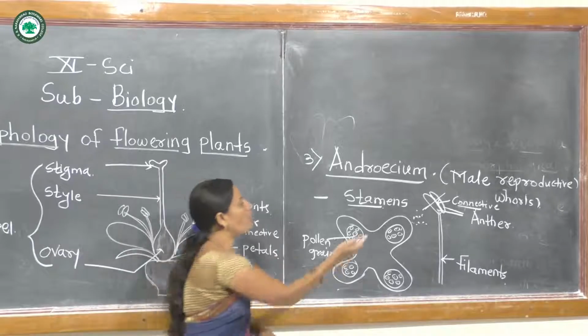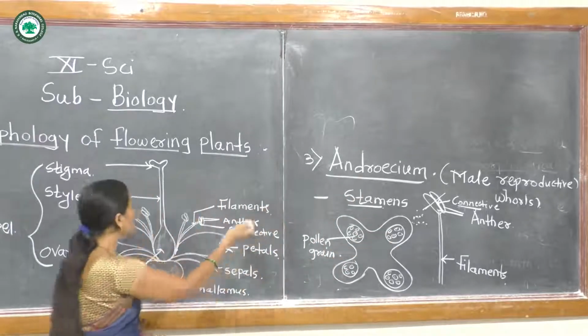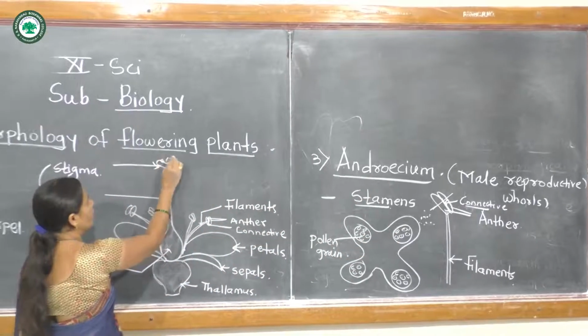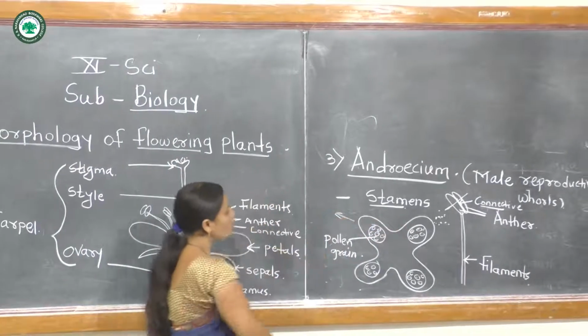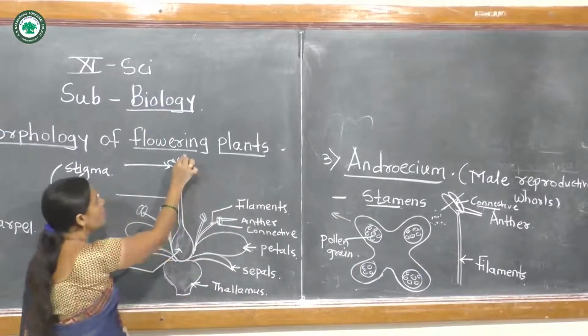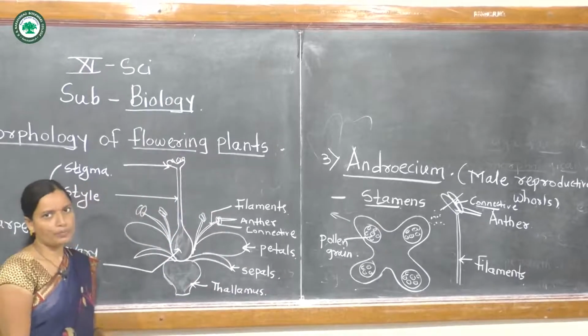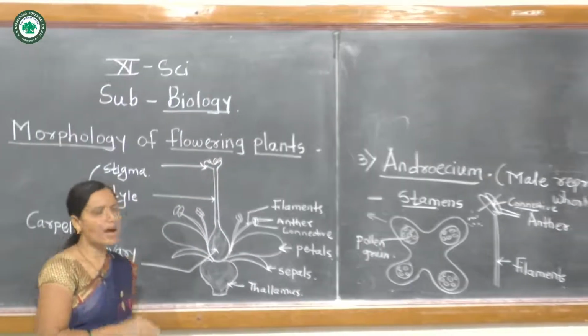Later these pollen grains are transferred to the stigma. These pollen grains are the male reproductive parts, and they are transferred to the stigma of the flower. Now it is the most important part.